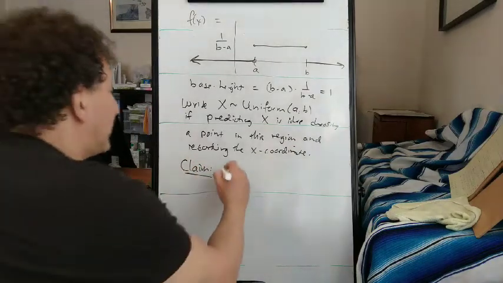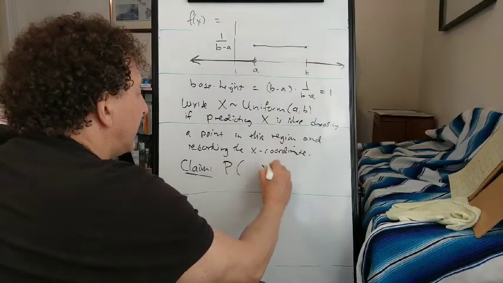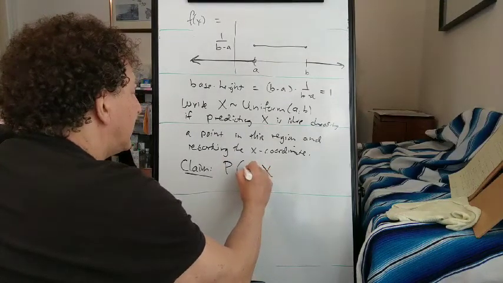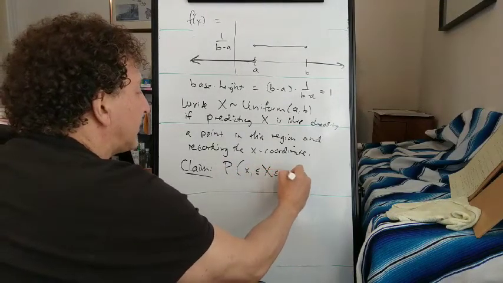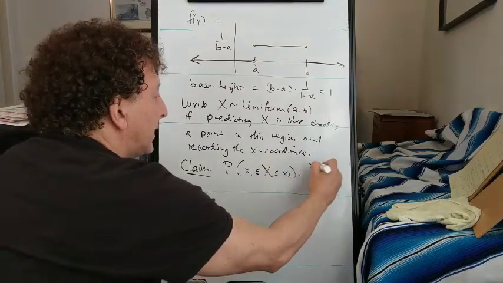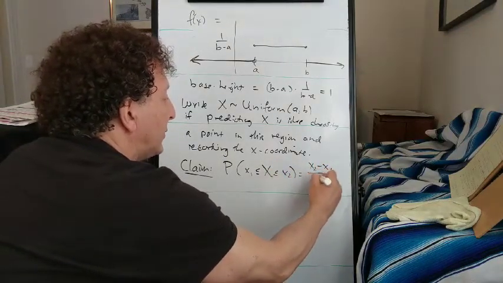So I claim that the probability that x is between, let's say, little x1 and little x2 is x2 minus x1 over b minus a.